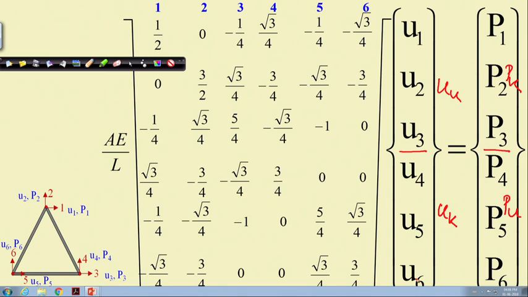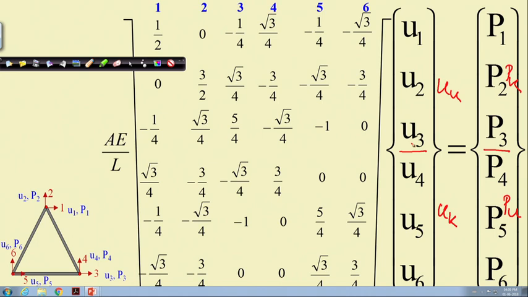But for some structures, it may so happen that your known degrees of freedom and known loads are not serially numbered. In that case, we have to rearrange the corresponding rows and columns of the load vector, displacement vector and the stiffness matrix to get them serially numbered. We will do an example like that towards the end of this week.